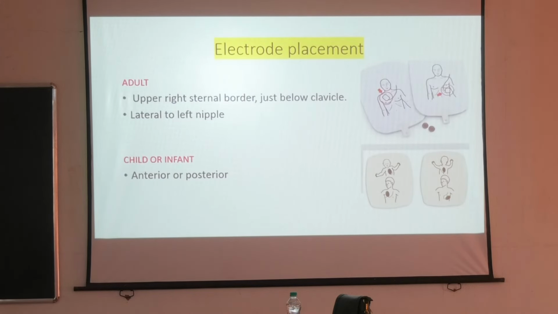The paddles are applied one below the sternum, and another on the left chest lateral to the nipple. In case of children, one in front and one behind. So these are the electrode placements. This AED will always give you a recorded message.